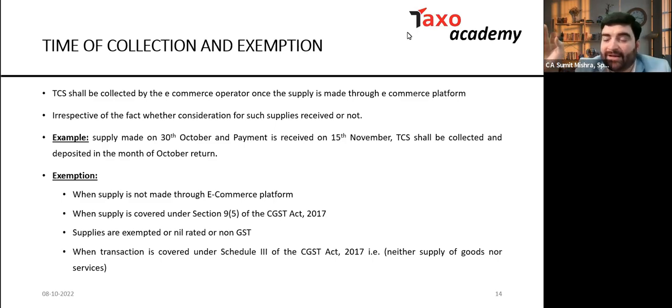So important here, unlike the TDS provision, is the transaction date, when the transaction is taking place. So you have to take care of this.